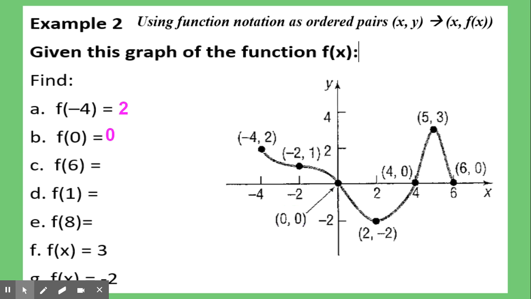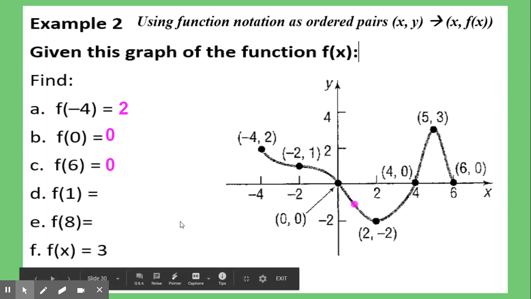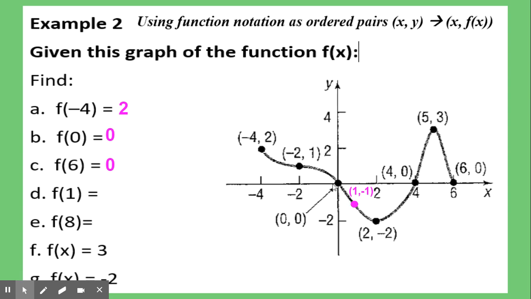Moving along, we have f of 6. When my x value is 6, what is my y value? Well, it's 0. f of 1 gives you, where it says 1, -1, it's not always going to be on an ordered pair.